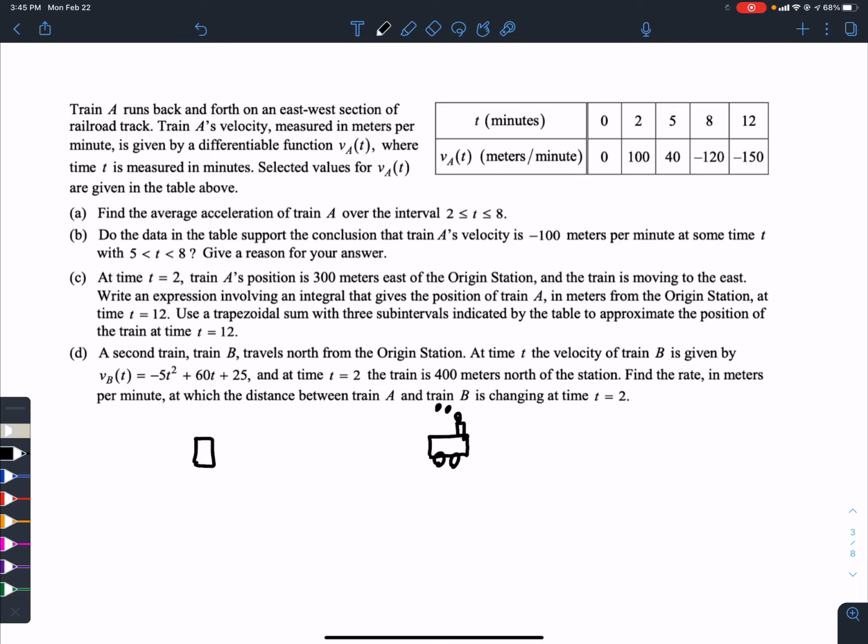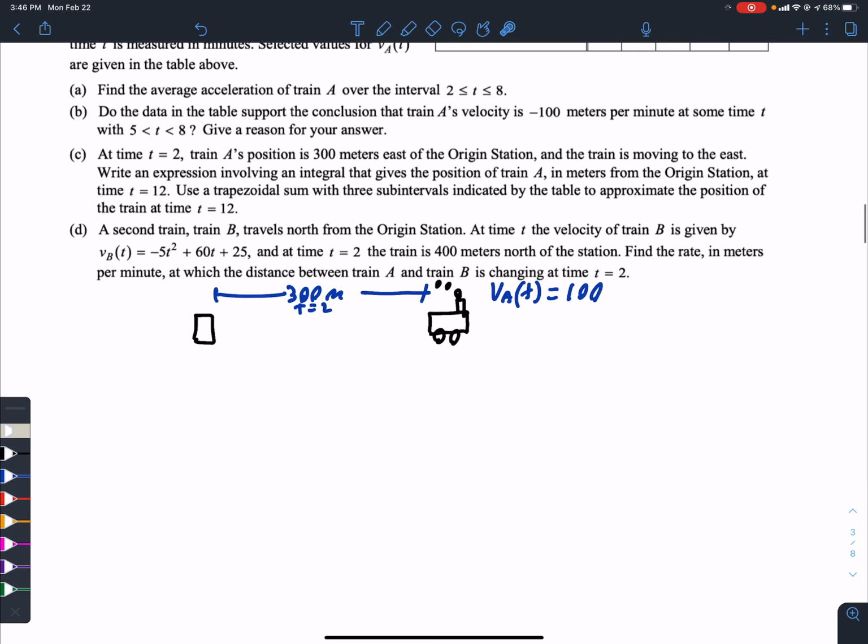And let's label some stuff here. This distance here is 300 meters, and this is when time t is 2. And we know the velocity of the train, which is 100. We know that because it's told to us there. And we'll interpret that.